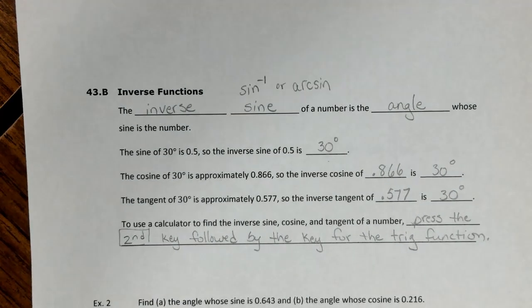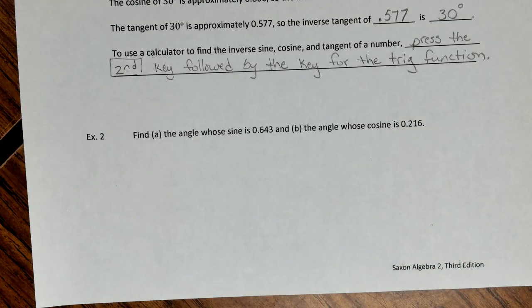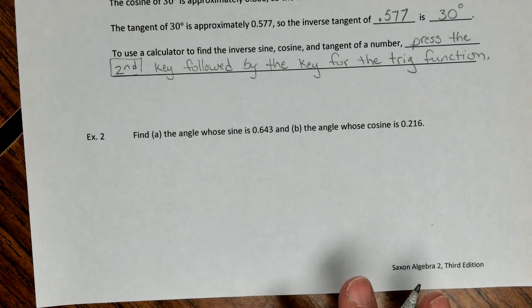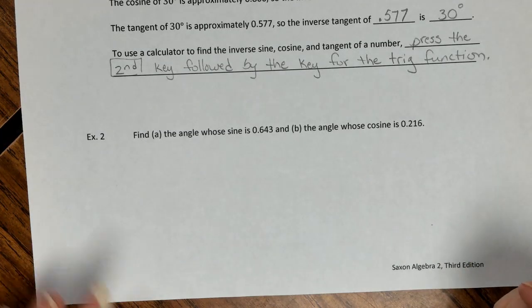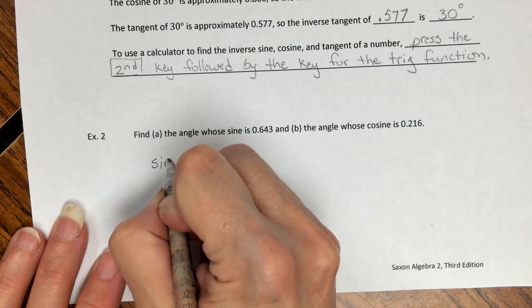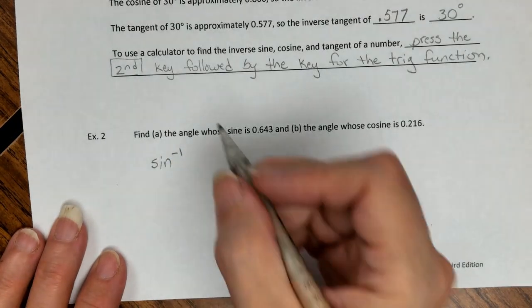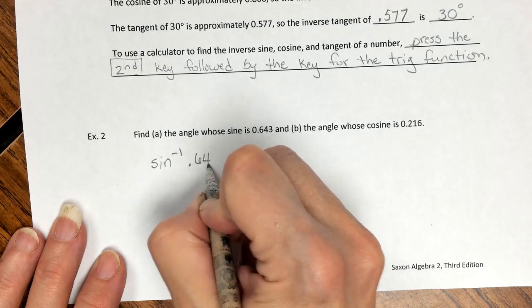And looks like we've got another example to do down here. Actually, our last example. There's an A and a B to this one. Find for A the angle whose sine is 0.643. So that means we're looking for an angle. We're doing the inverse sine of 0.643.